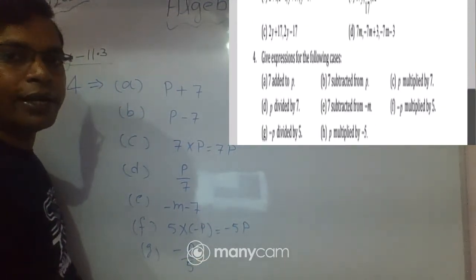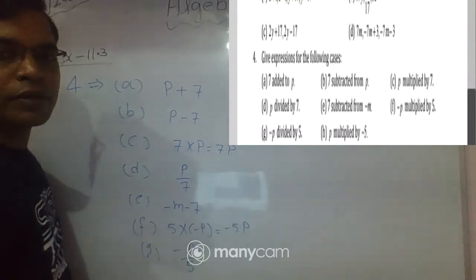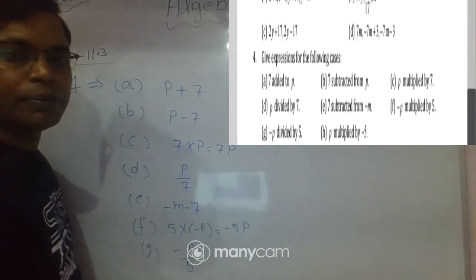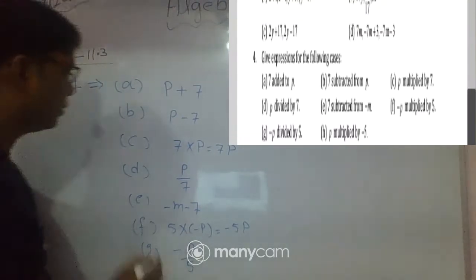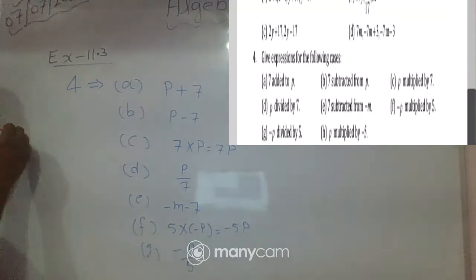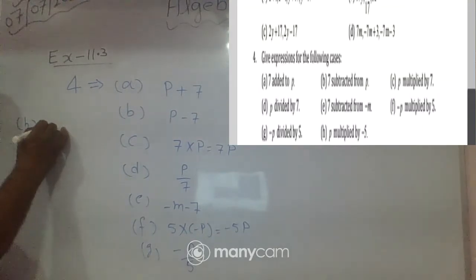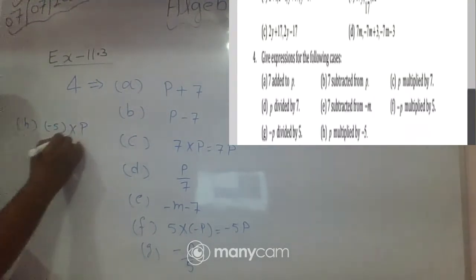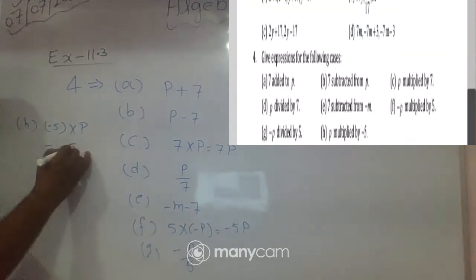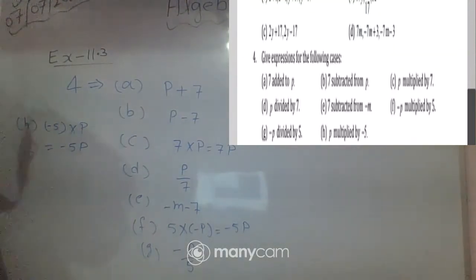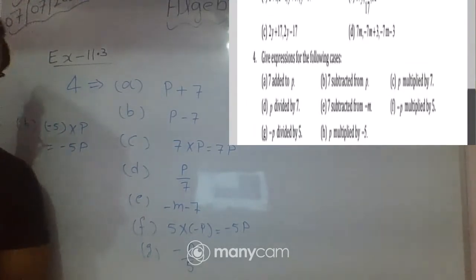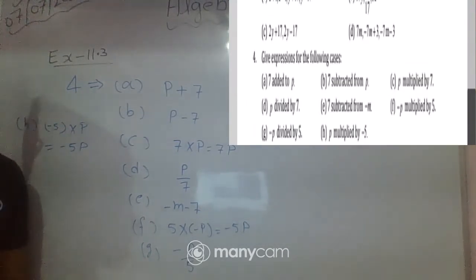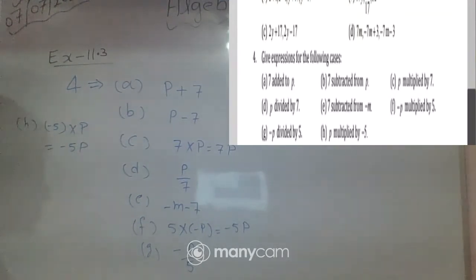Okay. And H part, p multiplied by minus 5. So you can see here this is H part, p multiplied by minus 5. Minus 5 into p. So student, I hope all of you understood this question number 4.